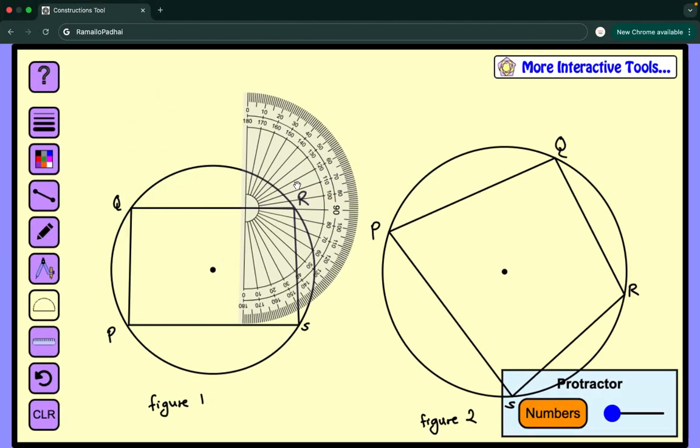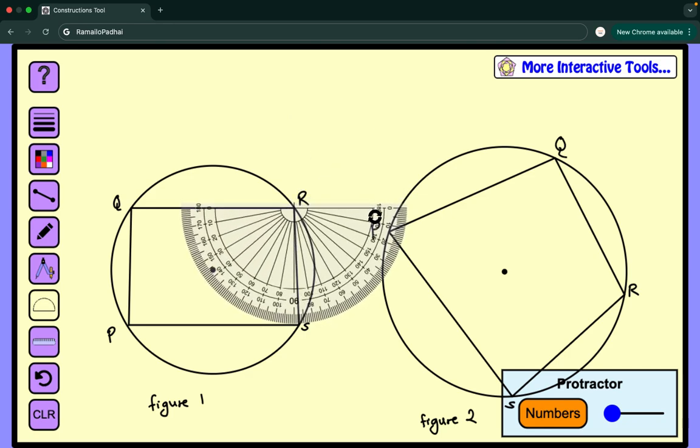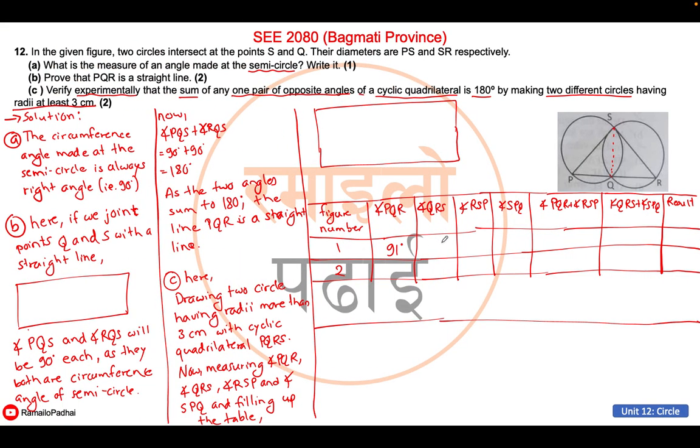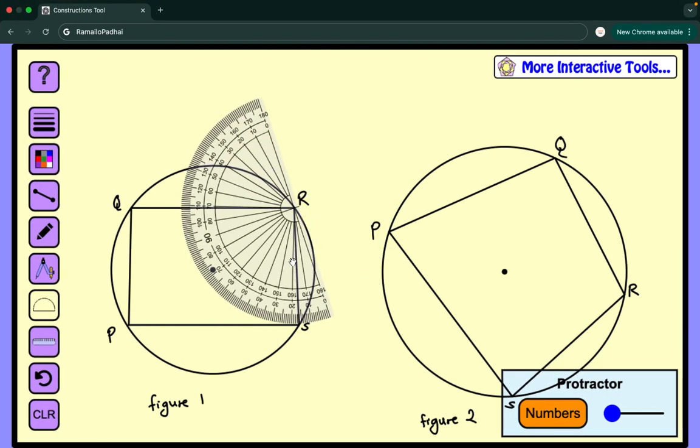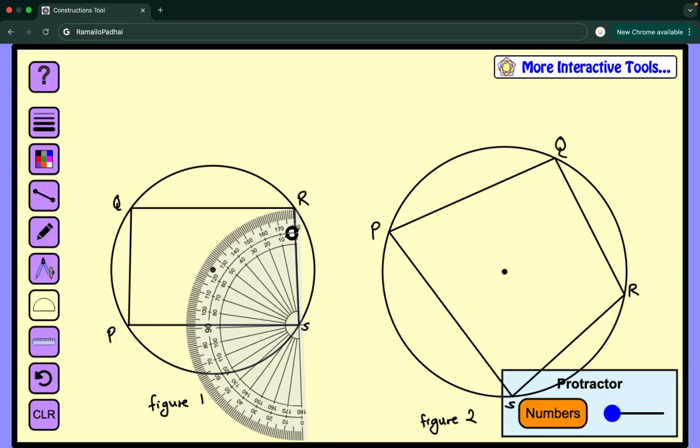Angle QRS, how much is this? 92 degrees. So RSP should be 89 degrees. Let me see how much it is.